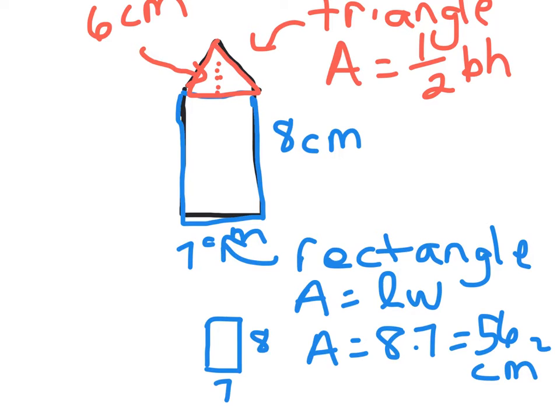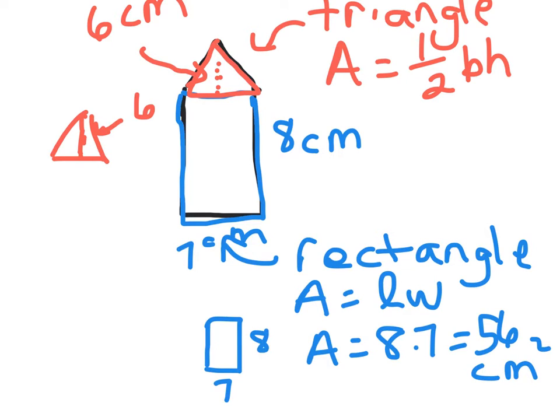Now, looking at the triangle. The formula for the area of a triangle is 1/2 times base times height. Let's work the triangle over here. I'm going to draw it. I know I have my dotted line in the center, and we said that that is the height, and that is 6. Now, we need a base for this triangle in order to do the formula. If you look at the bottom of this triangle, there is no number.